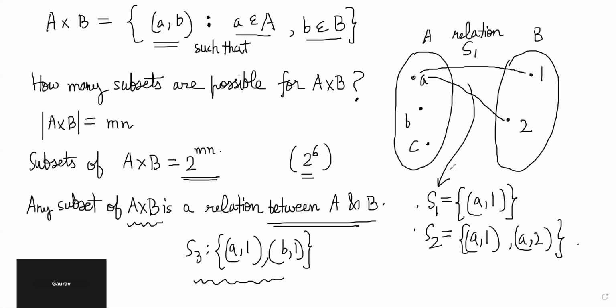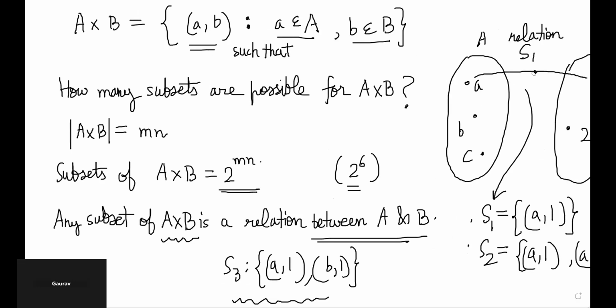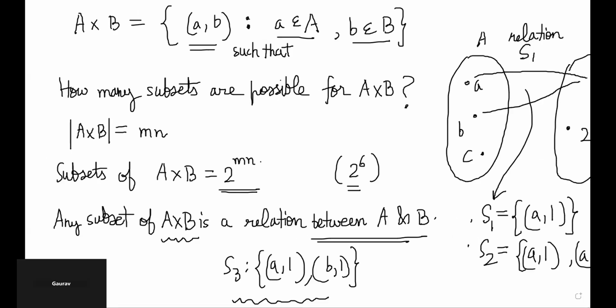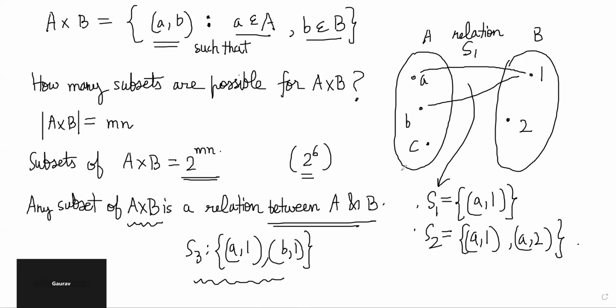The third subset would be A1 and B1. So B also we can connect to 1, and we can call that the third relation. So relations are pretty simple. Relations are just subsets of A cross B, right?